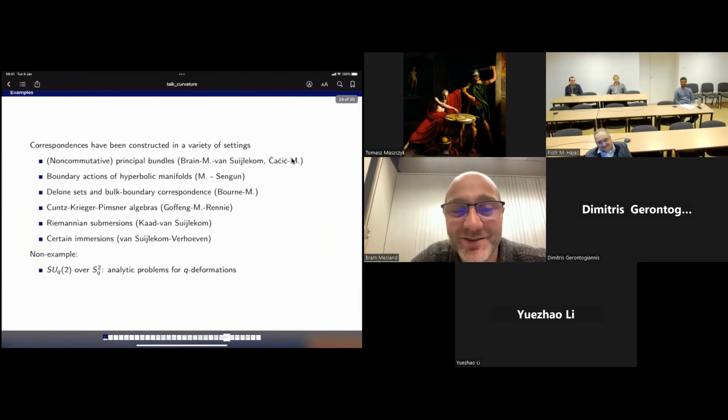As you know, fitting SU_q(2) with the spectral triple paradigm has not been done. One would like to have one of these correspondences of SU_q(2) over S^2_q, and at the moment there is none available really. So this is still a tantalizing non-example.